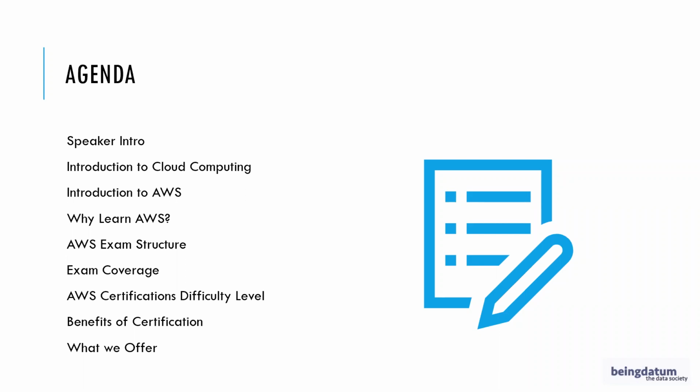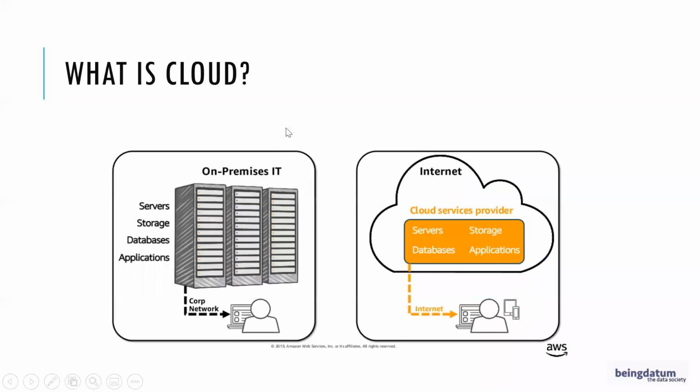Before starting with the introduction to cloud computing, we'll first talk about what is cloud. It's very important to understand what cloud is and why cloud is used these days. In simple terminology, cloud is a service, or you can say a computer, where you store data and use it for a temporary purpose over the internet.